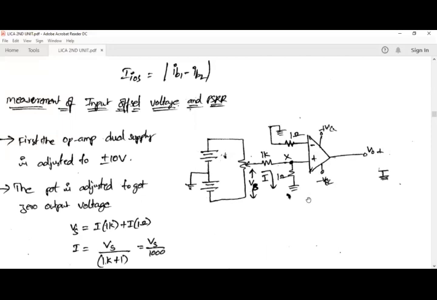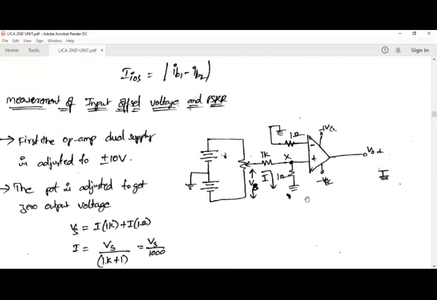As we know, what is the input offset voltage? Whenever the two op amp terminals are grounded, if we measure the output voltage, it must be zero. But practically it may not occur, so the output voltage will not be zero.